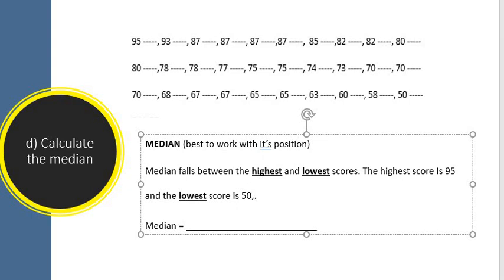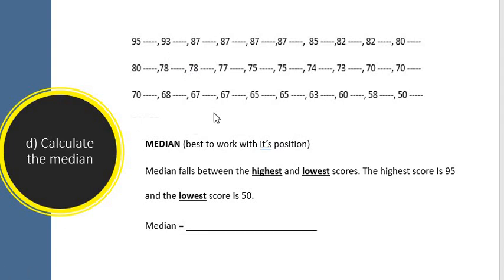Alright, so what exactly is the median then? Since we have the highest and lowest score, 95 and 50, we said it falls between, so that should be easy to figure out. How many scores do we have? Before I do that, let me give you an example.